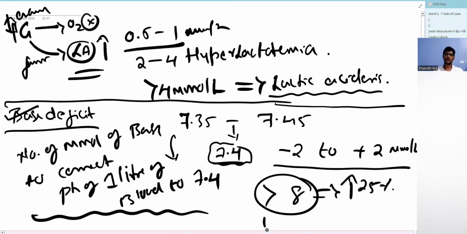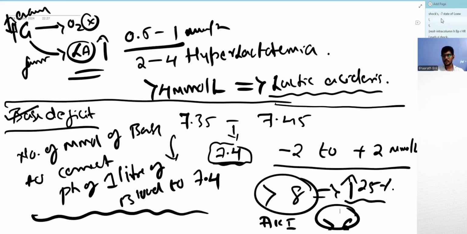But if the patient has acute kidney injury, more than 6 is also considered to be associated with increased mortality. So these are all the indicators of a shock, or you can also call them endpoints for resuscitation, which we'll discuss again later. So the last topic for today would be compensatory mechanisms of shock.